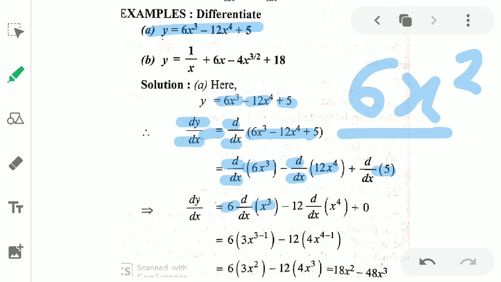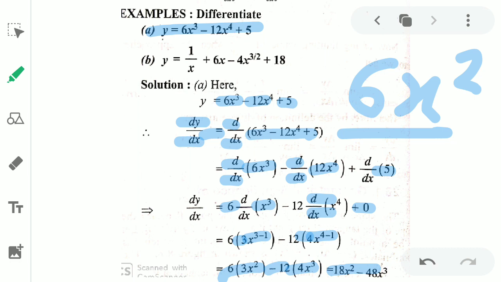Derivative of x cube, we know very well, power forward, that is 3, power minus 1, that is 3 minus 1. For the minus 12, similarly, the derivative of x to the power 4, same, power forward, power minus 1. And 5 is a constant, not in the variable x, so the derivative of a constant is 0. So we further rewrite 6 times 3 x square minus 12 times 4 x cube, that is 18x square minus 48x cube. So that is the general example.